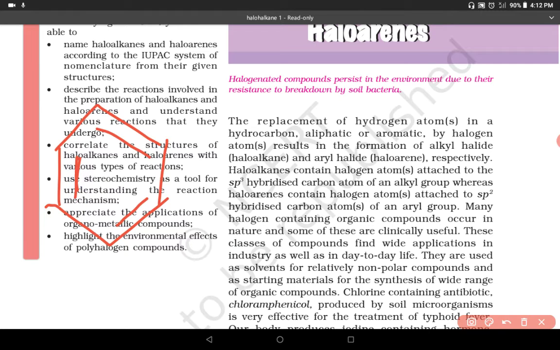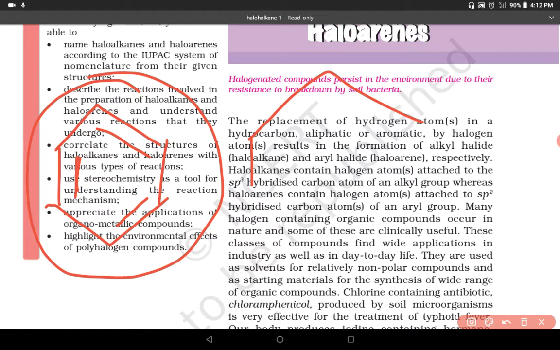We come across only benzene, so we remember this as the aromatic. Aliphatic, like pentane, is also an aliphatic. Okay, I think you are clear with this.